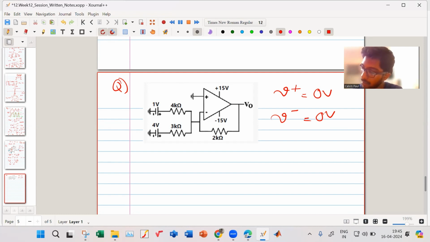But by the virtual ground concept, it is approximately 0. We can approximate it to 0, and in our calculations, we use it as 0. Okay. Now, what should we do? I've got this to be approximately 0 volt. How will I get V out?